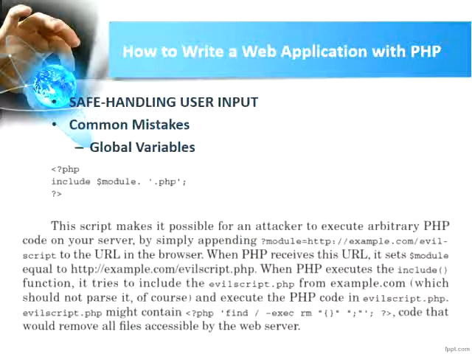So here, dot. How do we use dot in PHP? I repeat my question. So here there is an instruction in PHP, include $model, after that dot, after that another string .php.